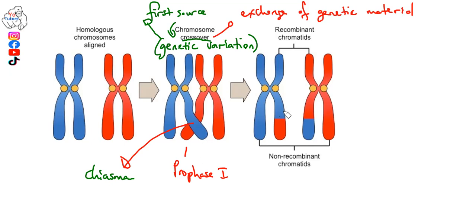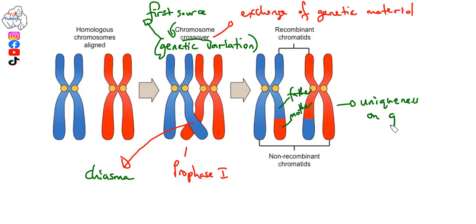If this part is from the father, this part is from the mother, but they are in one chromatid. So in one chromatid we have information from the father and information from the mother, and this is what gives uniqueness, the variation, to the gametes that are going to be formed.